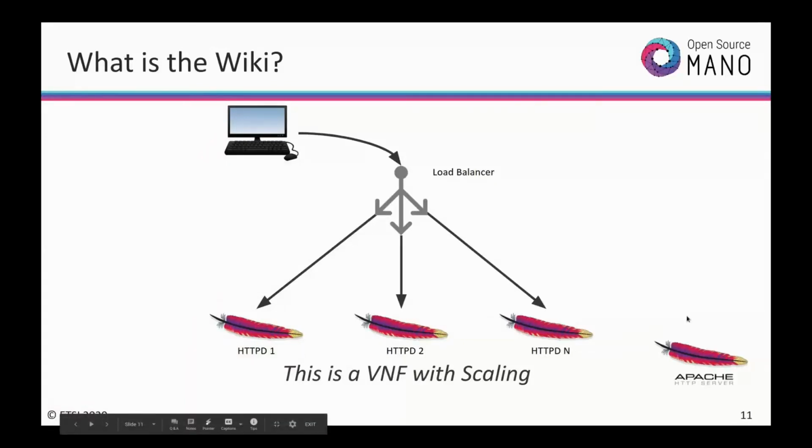And when the traffic stops and there's no longer demand for them, it's going to start scaling back in or terminating the unused instances and basically freeing up those resources in your infrastructure to do other things. So this is a regular VNF with scaling.